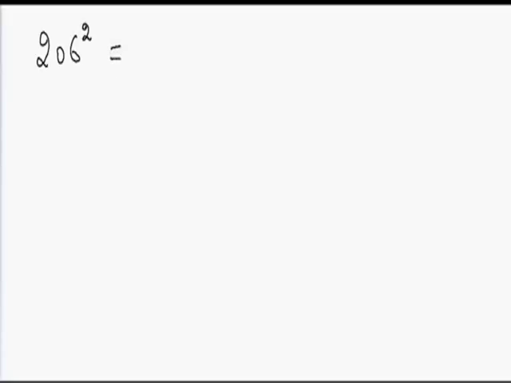In that case, first I'll look at the first digit, and I will take the square of that digit. So the square of 2 is 4. Then I'll take the last digit and take the square of that digit. So the square of 6 is 36, right?